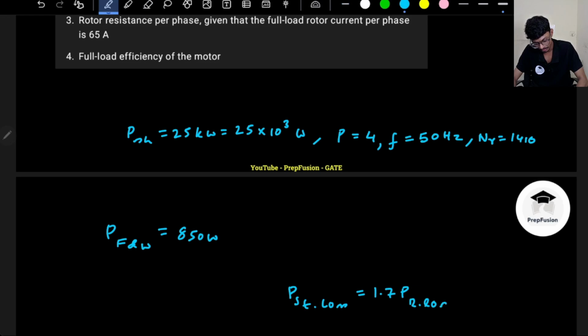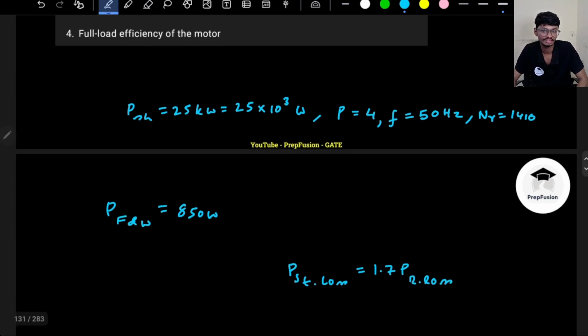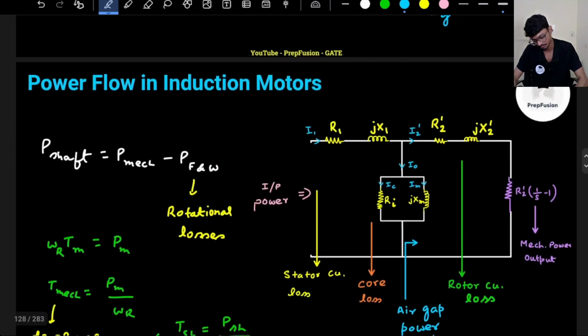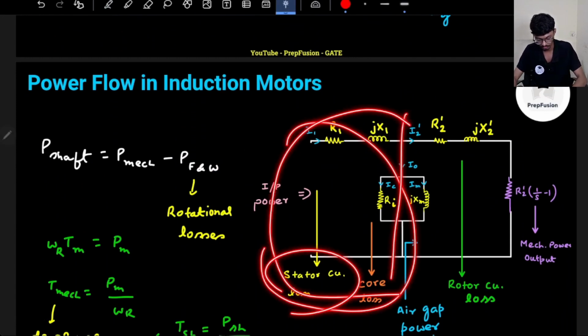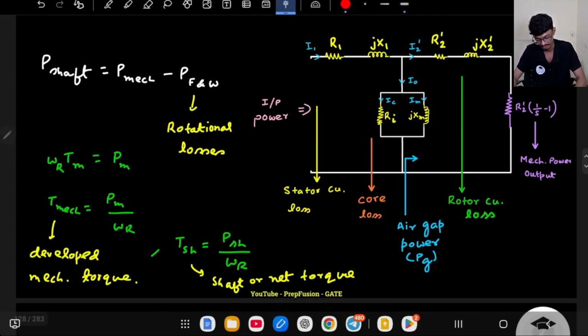Now can you tell me what kind of losses are there in the stator? The losses in the stator, if you remember, are the stator copper loss and the iron loss, those are the two losses mainly. If you go into this block diagram, in the stator only stator copper loss and iron loss, core loss basically.